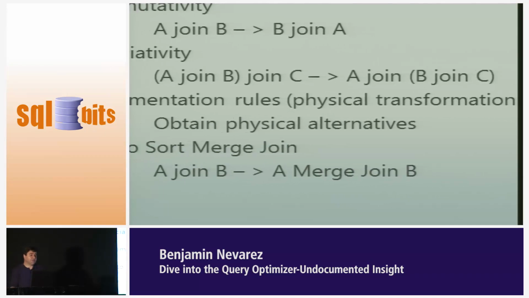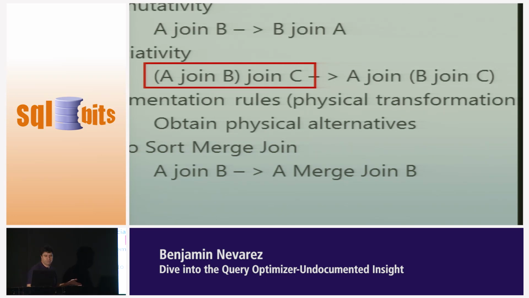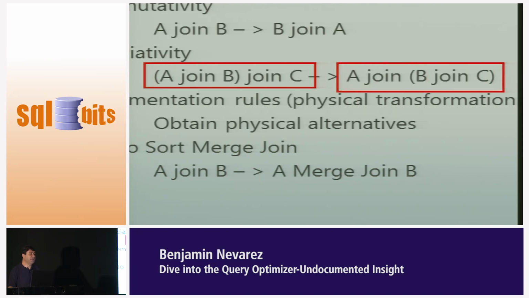I have some other examples here. Let's suppose that this is a representation of my original logical tree. We can apply one rule and get something like this, right? Now, when you look at execution plans and you look at the properties of the operators, you can always find logical and physical operations, right?